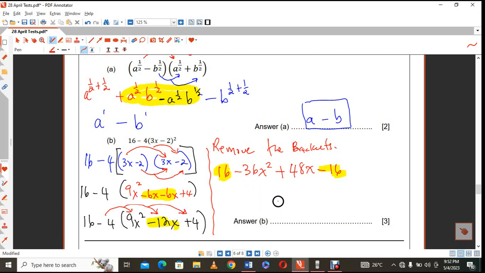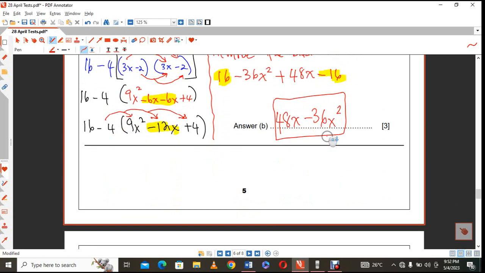So at the end of the day, you are left with 48x minus 36x squared, or you could have written it the other way around with the minus 36x squared in front. But I prefer to write it in this order. Okay, all right, so that takes care of that question.